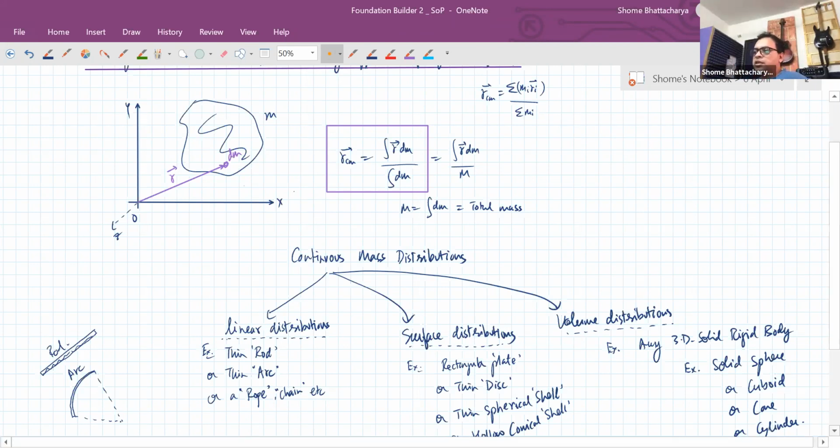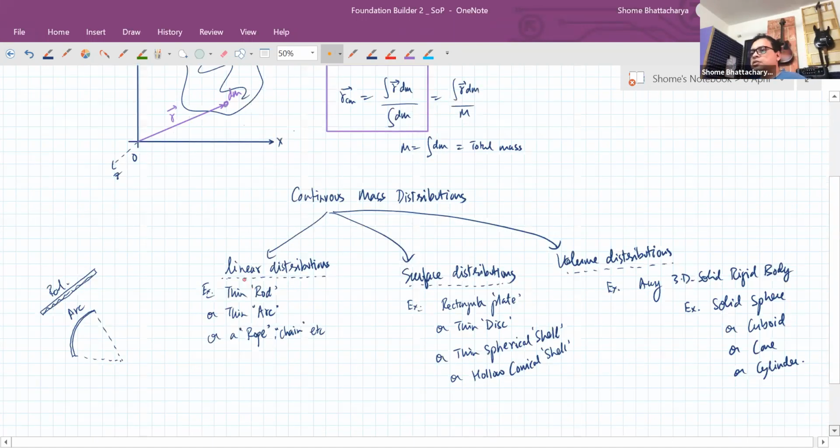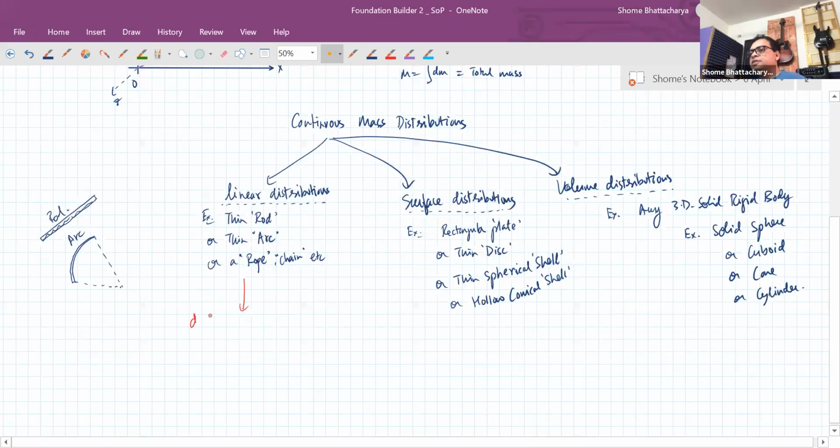Okay, so we'll come back to each of these and we'll understand further. Now, in the case of a linear distribution, the dm element that we take, dm is our differential mass element, that means a small fraction of the mass of the whole body. So this dm becomes of the type lambda dl, where lambda is linear mass density, like we had done for the previous question that day.